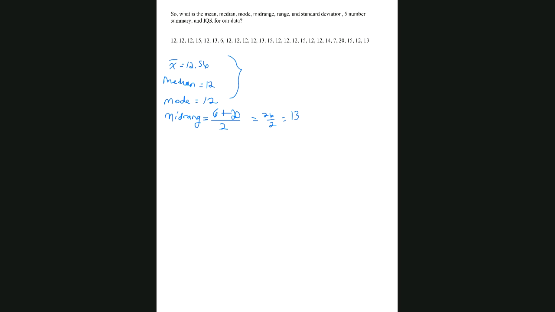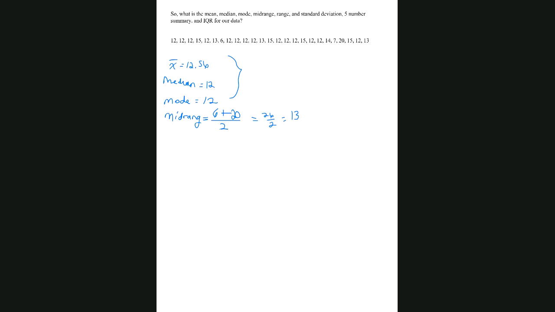Notice that the mid-range is the data value exactly in the middle. It's very similar to the mean, right? If I rounded up the mean, I would get 13. So it's in keeping with the mean, median, and mode.